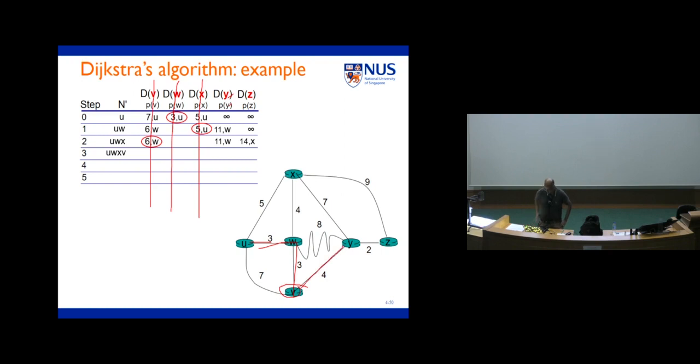There's a link between V and Y. That's 4. So the total cost of going to Y via V will be 6 plus 4, 10. So that's cheaper. So I should say this is 10 and we should go via V. And now there is no link between V and Z, so this doesn't change at all. This will stay at 14 via X.